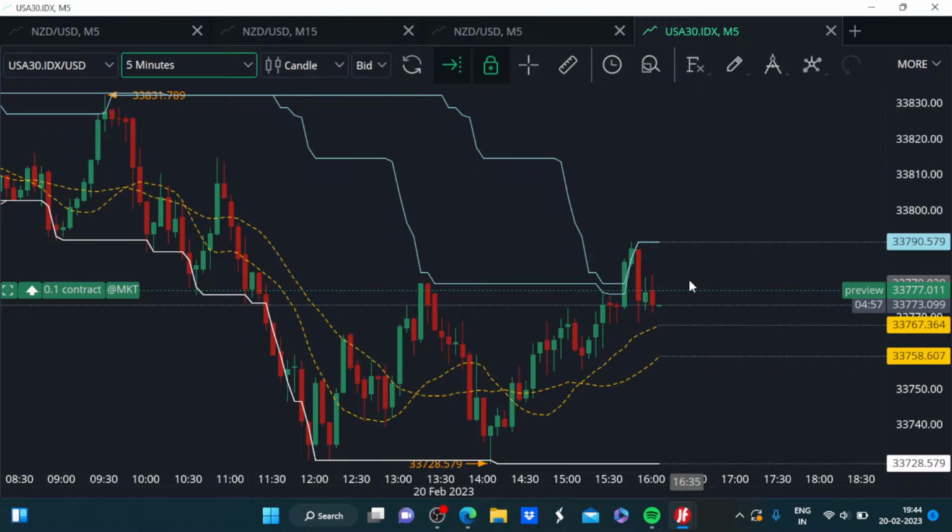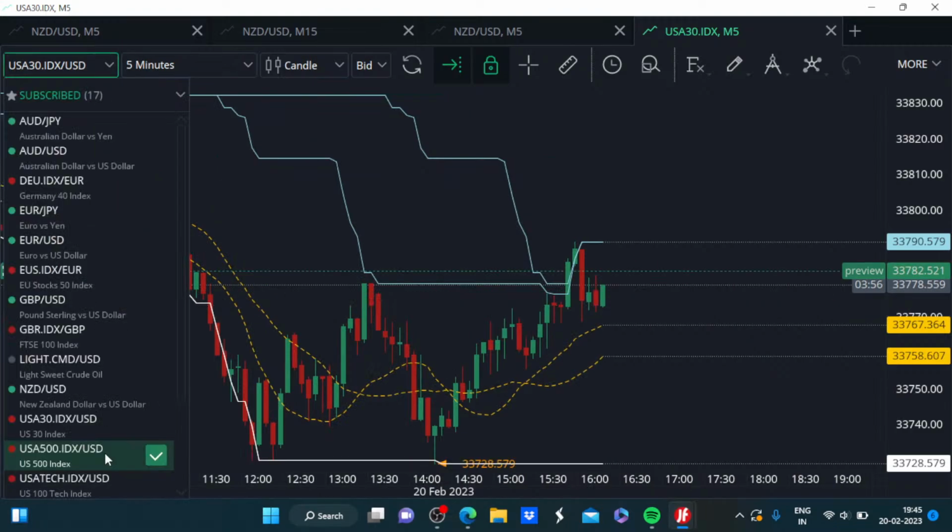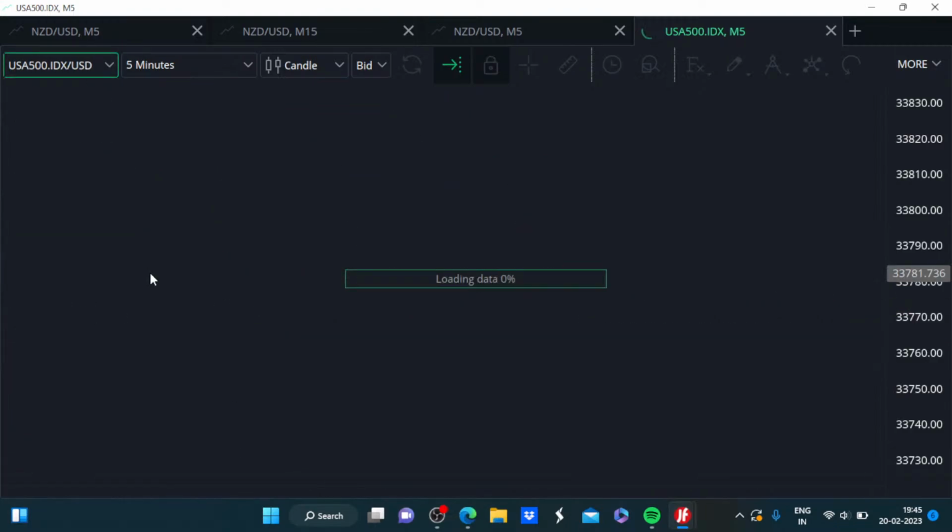So these levels around 33,800 are important, and watch out for the initial price action after the start of the US trading session. But to decide whether the Dow Jones is the best choice, or if we have the momentum on the bullish side in the S&P 500, the S&P 500 is not showing momentum as strong as the Dow Jones Industrial Average.